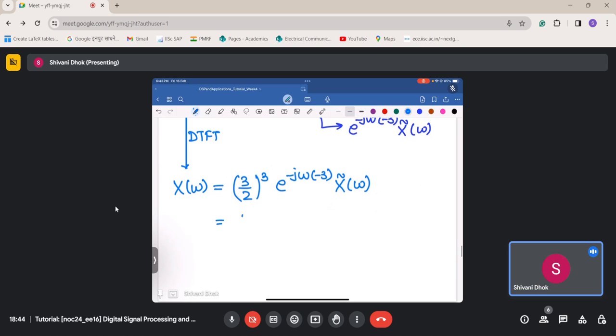So this will be equal to 3 by 2 to the power 3 into e power j omega 3 divided by 1 minus 2 by 3 into e power minus j omega. Again, if we compare with the form which we are given, this a comes out to be 3 by 2 to the power 3, which was exactly the value we found using the standard approach. Any questions till this point?